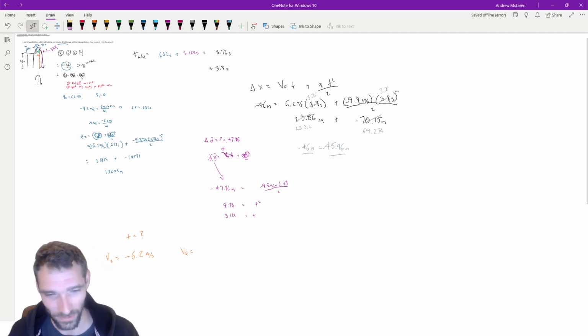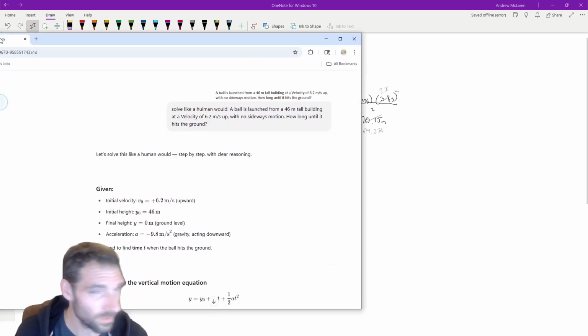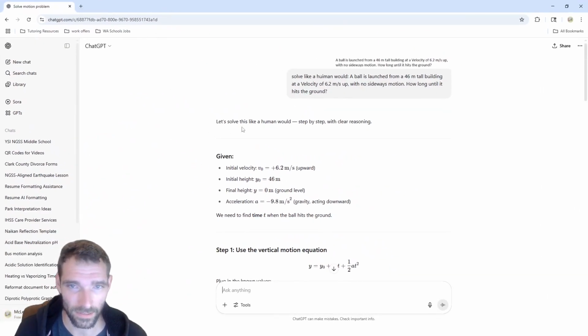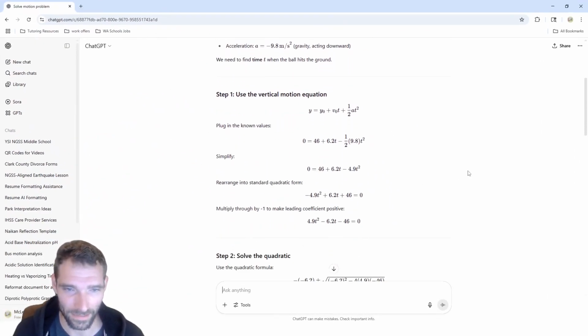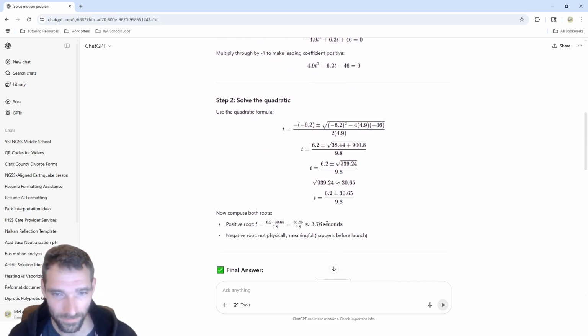Which, interestingly enough, I actually asked ChatGPT to solve this problem and do it a similar way, or how a human would do it. So I said, can you solve this problem like a human would? And it ended up doing the quadratic, which is doable. That's fine.